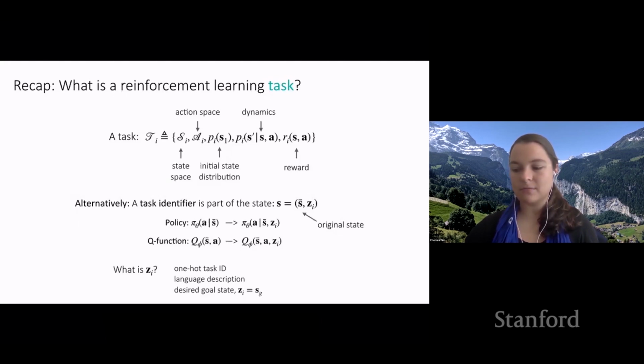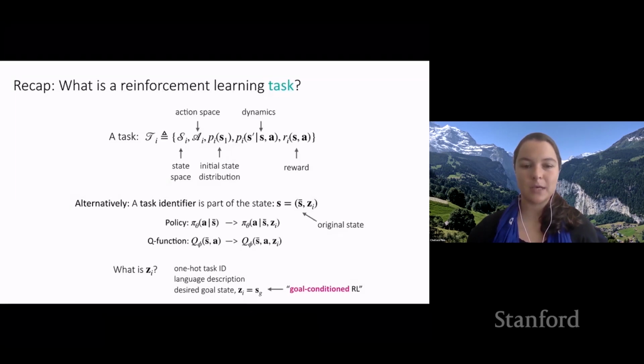So you could have a multitask RL problem where different tasks correspond to trying to reach different goal states. And this is a special case of multitask reinforcement learning that's called goal-conditioned RL, in the sense that you are conditioning your policy and your Q function on the goal that you want to reach. And you're training this policy and this Q function to reach goals.